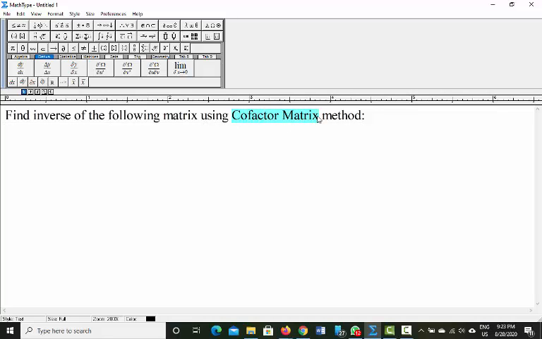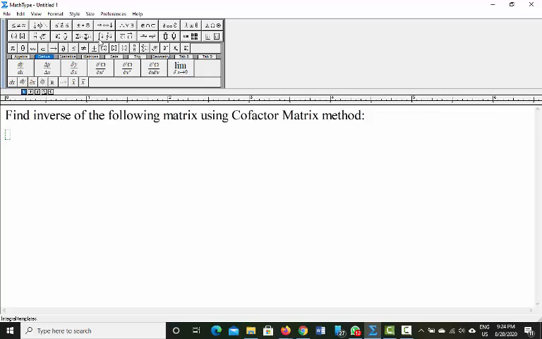So we can find the inverse of a matrix using the cofactor matrix method or the Gauss-Jordan method. Here today I will show you how to find the inverse of a matrix using the cofactor matrix method.